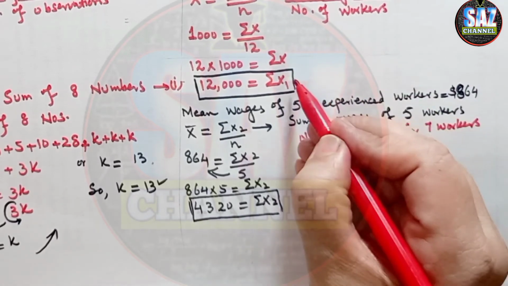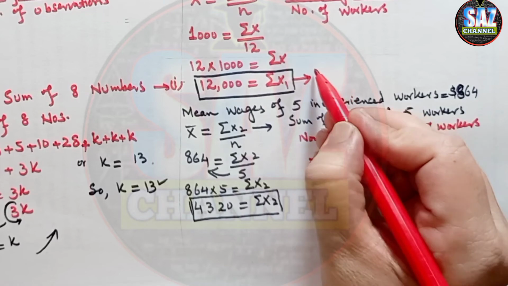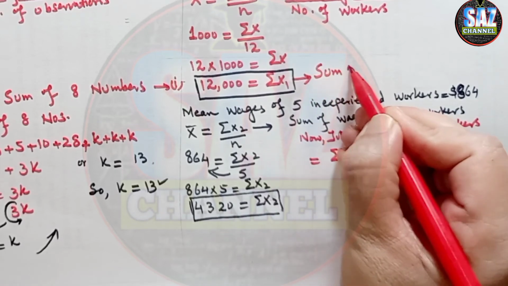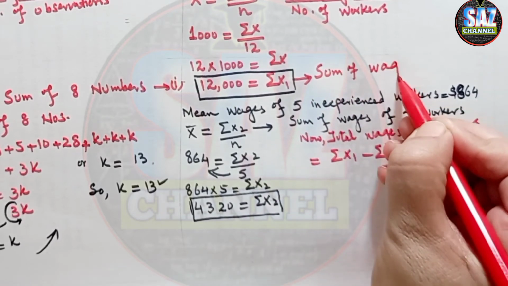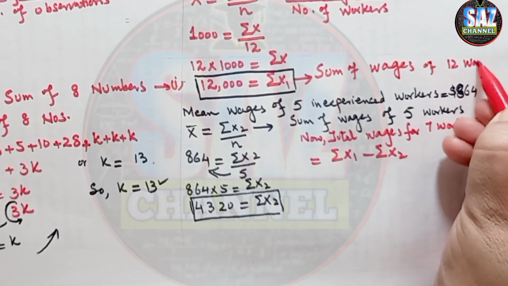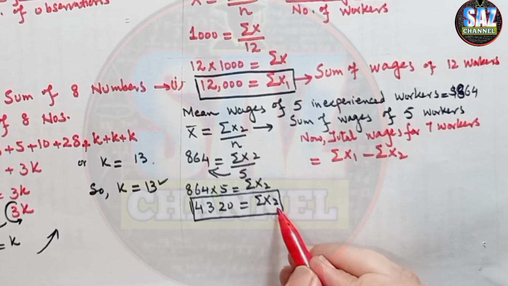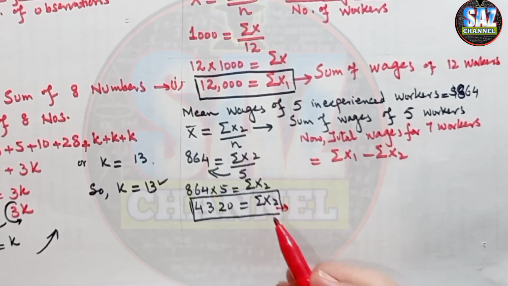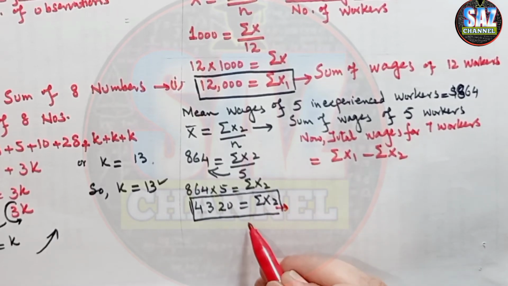This is the sum of wages of 12 workers, and this is the sum of wages of 5 workers.